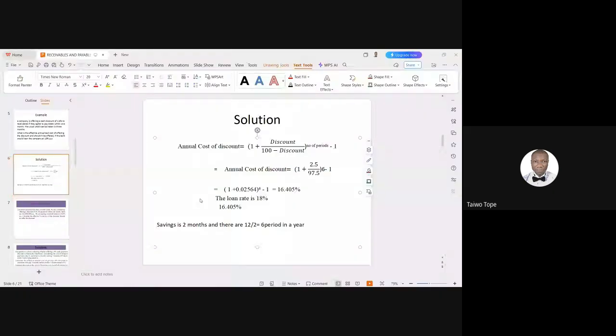It can be in two forms. We can have a recourse and non-recourse.